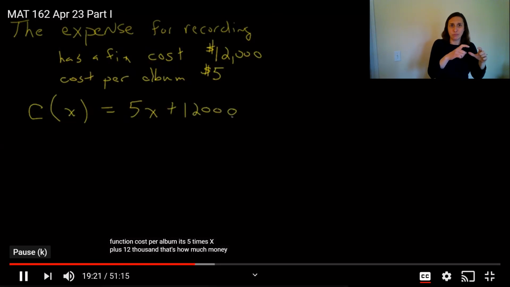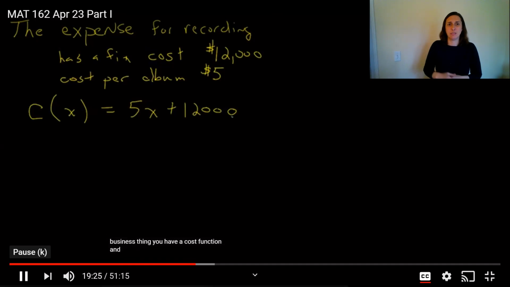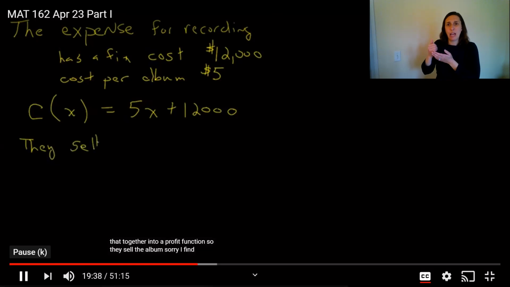That's how much money it's costing them. This is a common business thing to have a cost function and a revenue function, and you can put that together into a profit function. So they sell the album. Sorry, I find giving a reason for function algebra a little bit better than jumping into the rules sometimes, and I like this example.